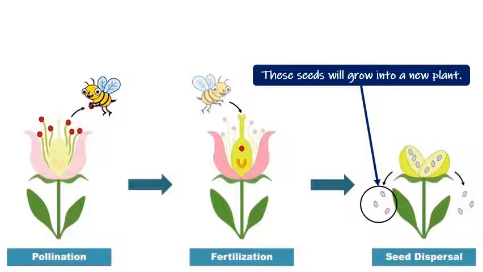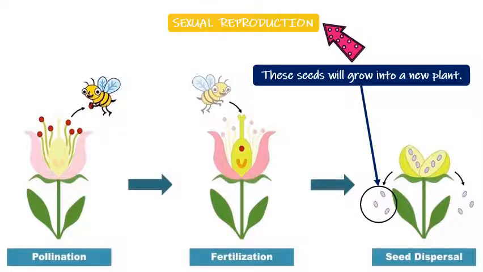So this way, one plant produced seeds, and these seeds turn into new plants. This is called reproduction, but which kind of reproduction is this?